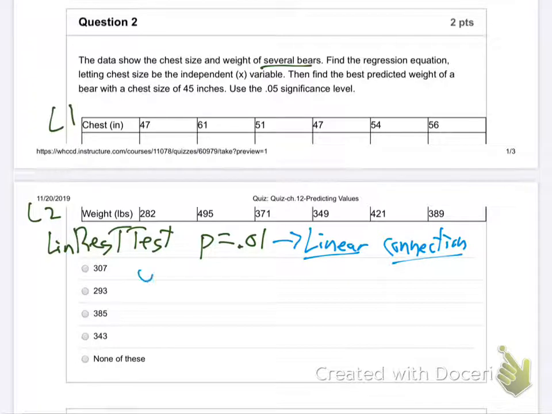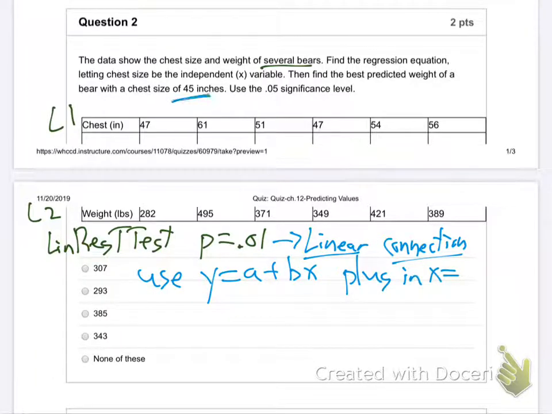So therefore, use y equals a plus bx, plug in x equals what x value? This one right here, 45 inches. Making sense? So we're going to use the equation. What is the equation? What's the A? Well, it'll be right there on your screen.